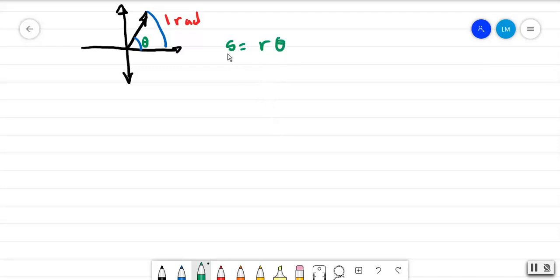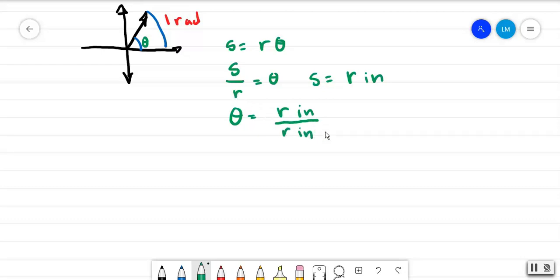If I rearrange this, I have s divided by r equals theta. Say that s is equal to r inches. In that case, theta is equal to r inches divided by, well, technically that means r would have to be in inches as well.